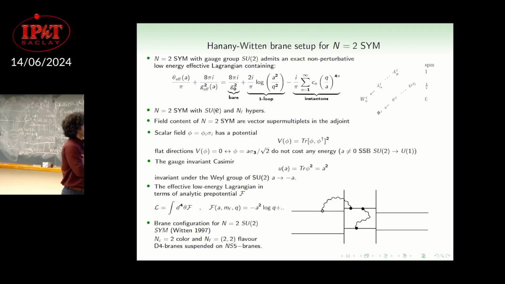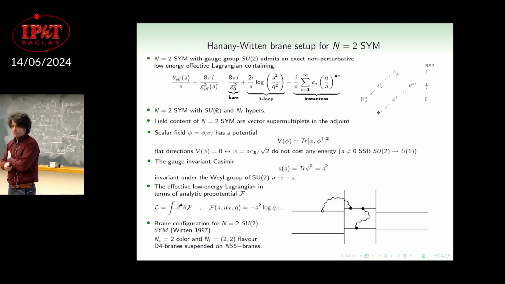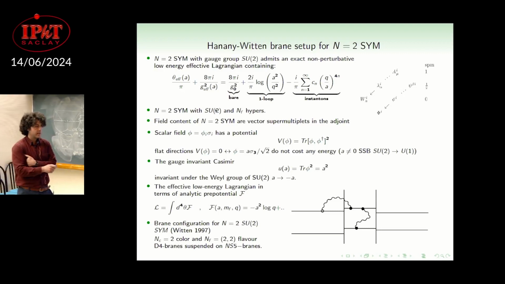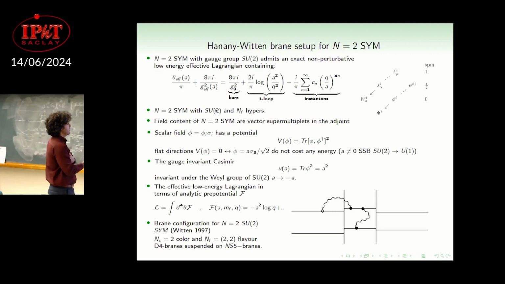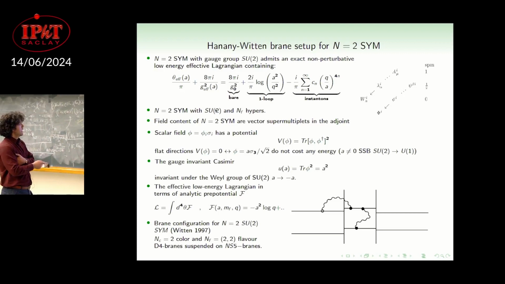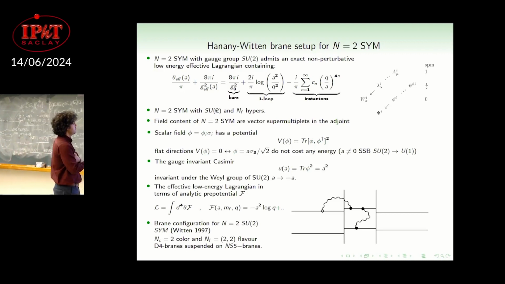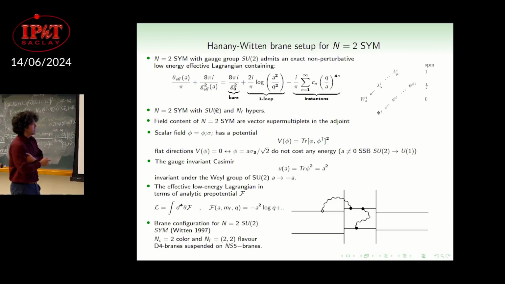Okay, so in order to introduce the Seiberg-Witten techniques, let me very, very briefly explain what is the theoretical framework of this. We are in the context of N=2 super Yang-Mills theory, with 2 supersymmetries, with the gauge group SU(2).